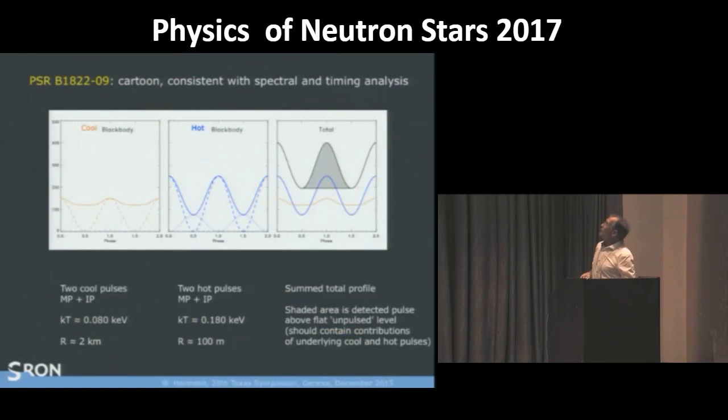And if I draw now a cartoon, the data is consistent with emission from both poles, 2 hot pulses, 1 strong, 1 weak, and 2 cool pulses with different ratios, and they can give us then the total result.